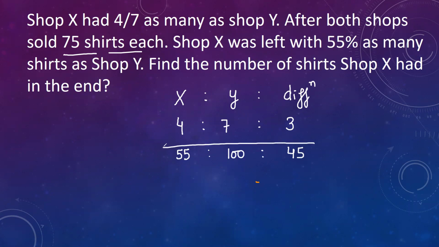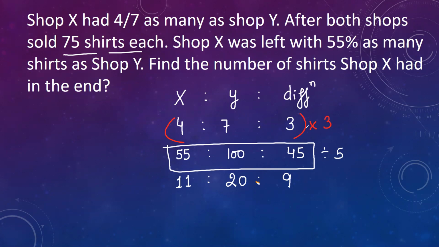If we divide this ratio by 5 all over, how much will we get? 11:20:9. Now what is our job? Our job is to make the difference the same. So if we multiply the first ratio by 3, we get 12:21:9, and here 11:20:9. You can see our difference is constant.